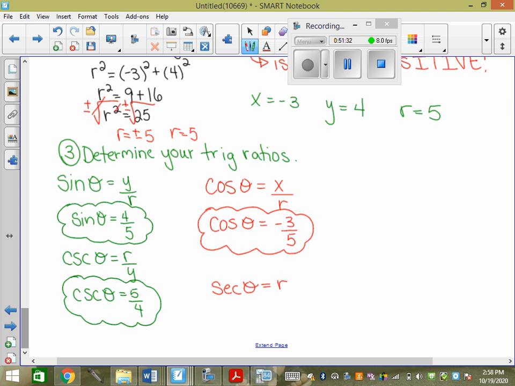So if it's cook extra rice, this is rice extra. And secant theta equals -5/3, or I could write it as 5/-3, or I could write it as -5/3. All three of those are the exact same thing. You just have to take a negative and put it somewhere.